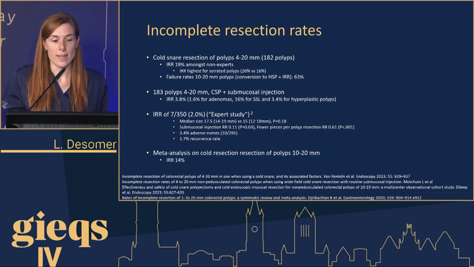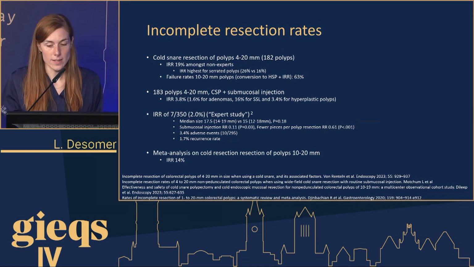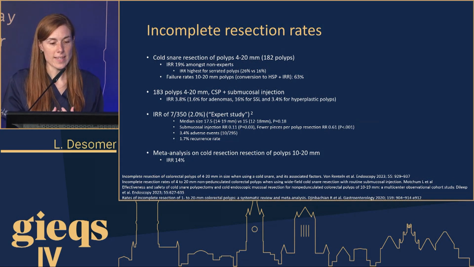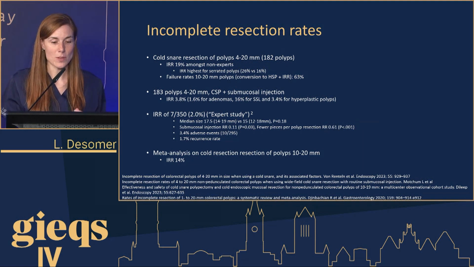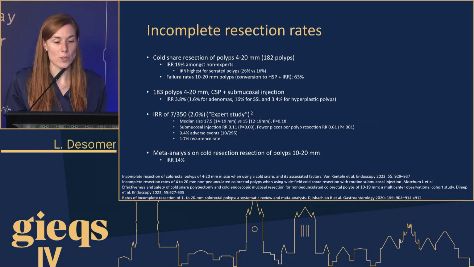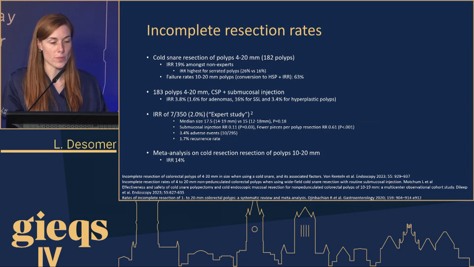So, in general, the studies published in the past year are heterogeneous in a way that they include sometimes 4 to 20 millimeter polyps, 10 to 20 millimeter polyps. So we have to bear that in mind a little bit. But we know that incomplete resection rates are as high as 19% amongst non-experts, with, again, the highest for serrated polyps, in contrast to the previous slide.